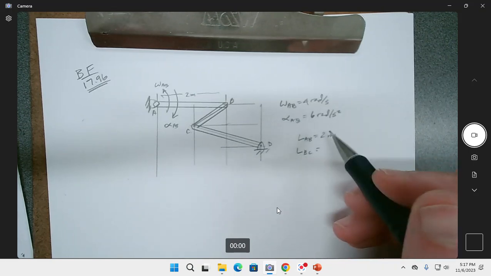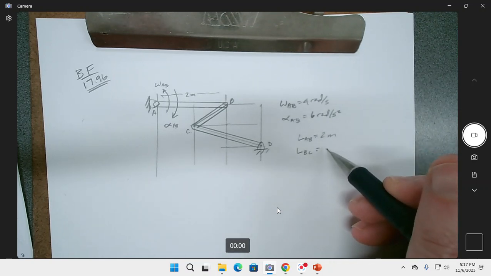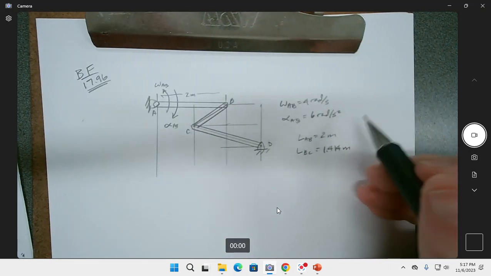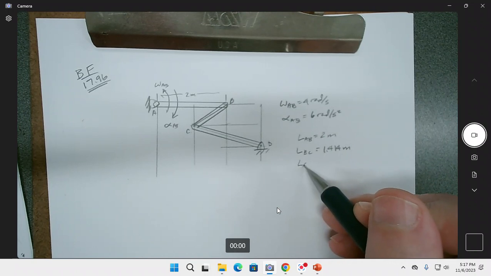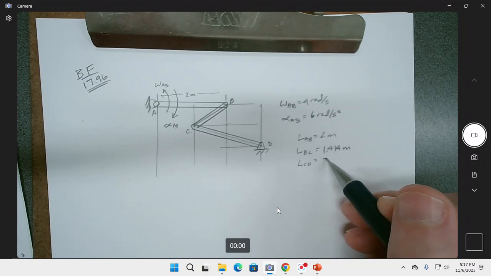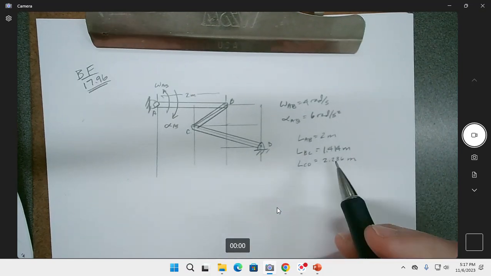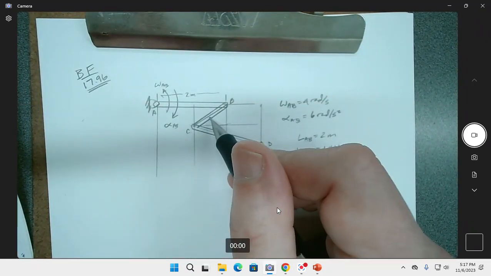I got you. Okay, I see what I did. It's 1.414 meters, and LCD is 2.236 meters.